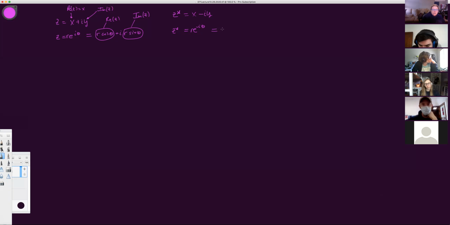We go r, and then cosine of negative theta plus i sine of negative theta. The cosine's even, so it doesn't care about that. So this just becomes r cosine theta. The sine is odd, and so it pulls out a minus sign. So minus i sine theta. And that's why this is the complex conjugate, right?